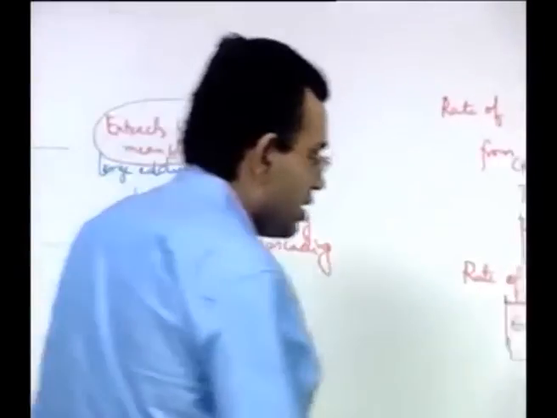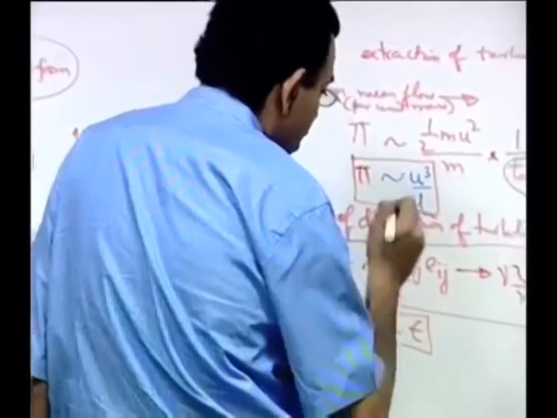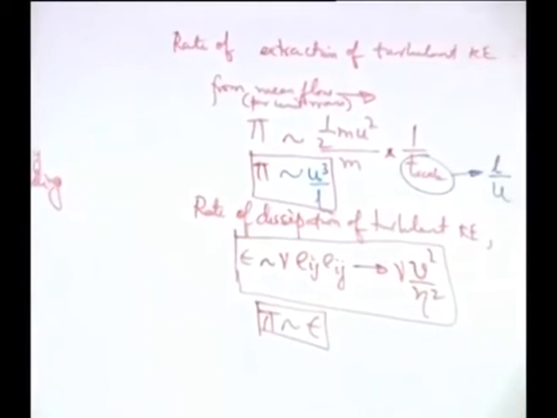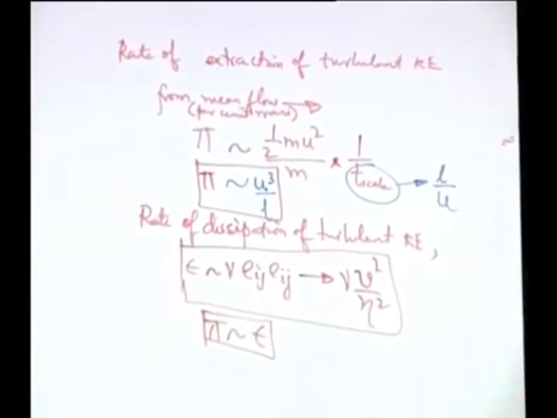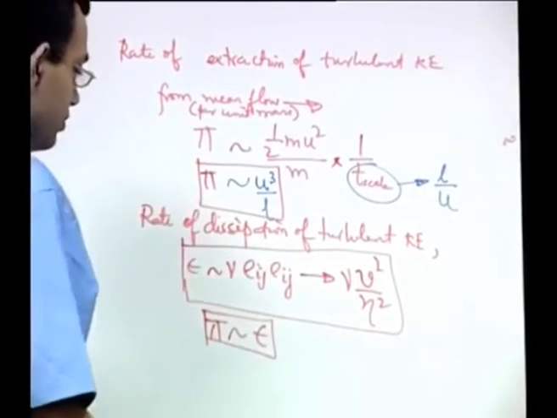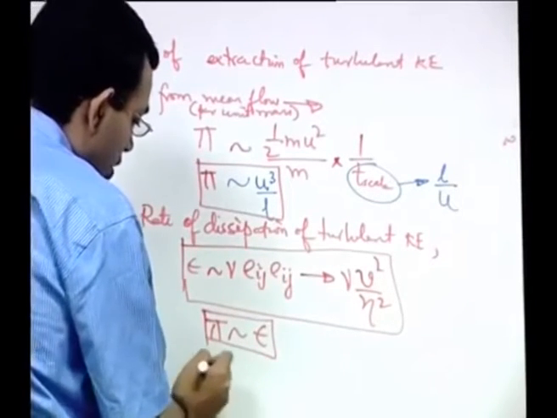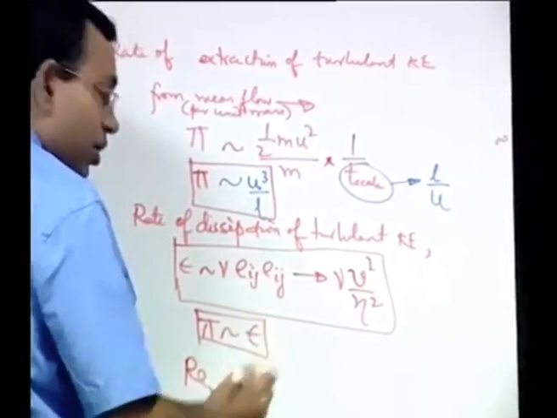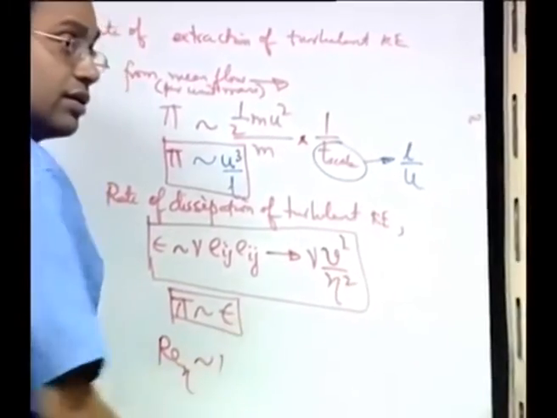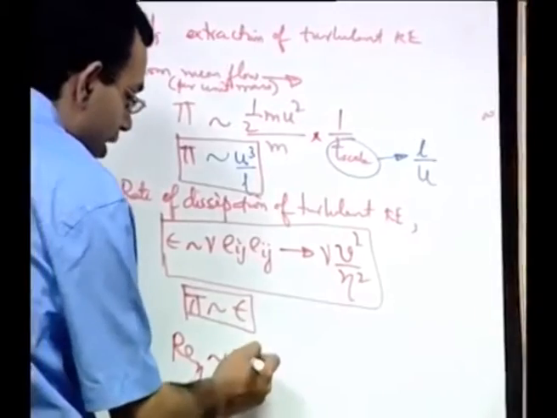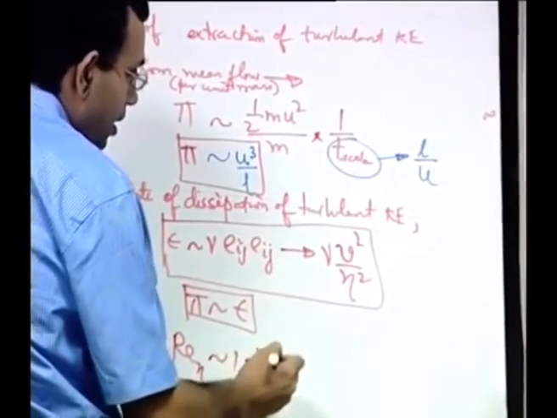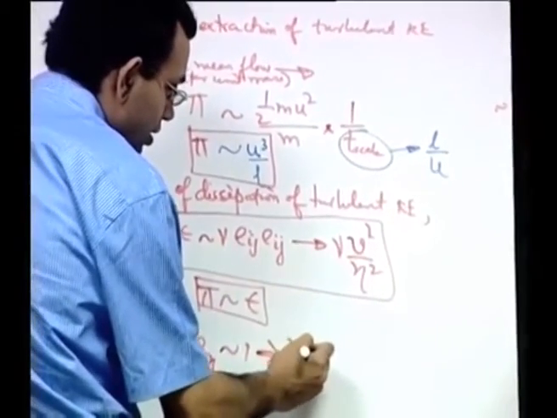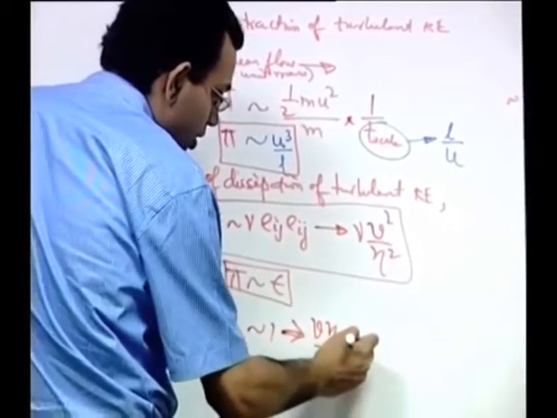So pi is of the order of epsilon, and the other constraint is that the Reynolds number based on the smallest eddy length scale is of the order of 1. This we have just discussed. So that will imply that V eta by nu is of the order of 1.